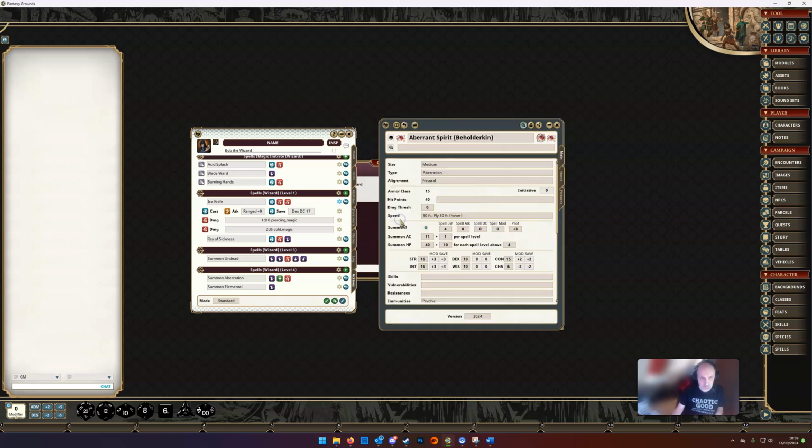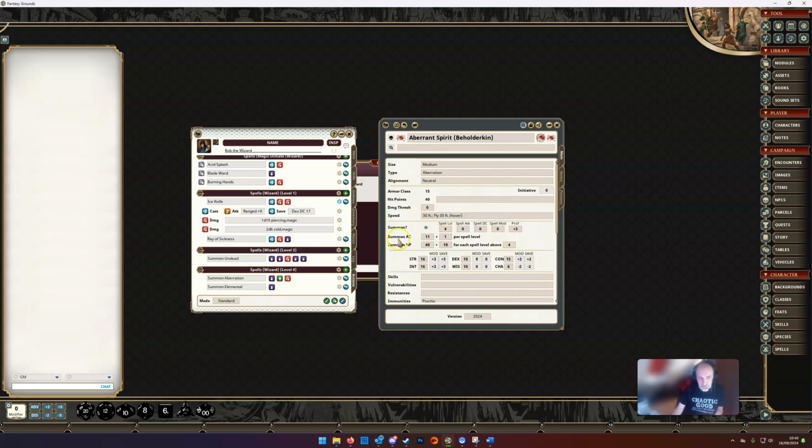So if we have a look at the aberrant spirit here, we can see that there is a new section in this particular NPC block, and this is for the summoned NPC. This tick box here tells us that this is a summoned NPC, or an NPC which can be summoned via a spell. Then we've got an array of boxes here: spell level, spell attack, spell DC, the spell modifier, and the proficiency modifier.